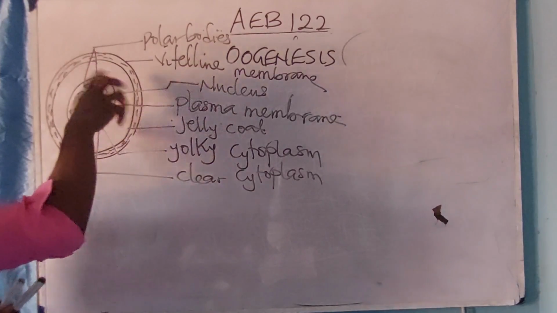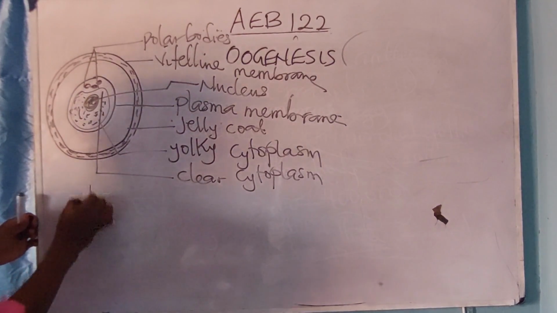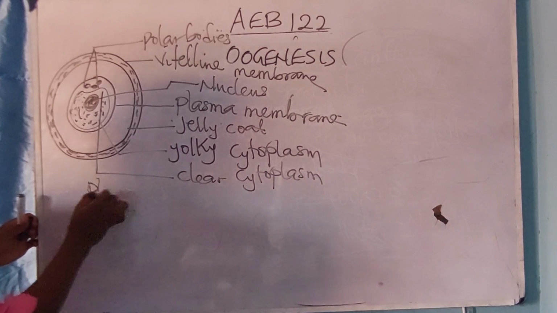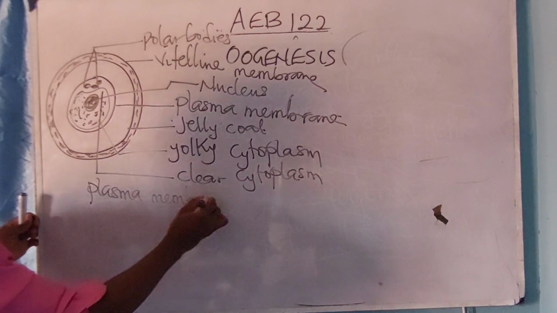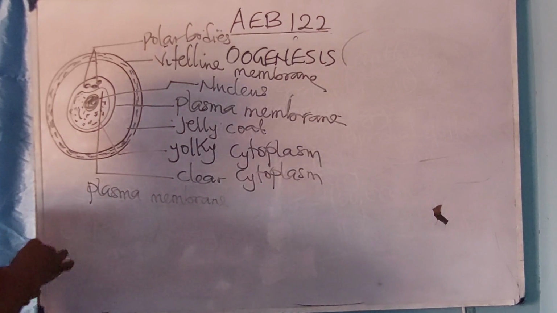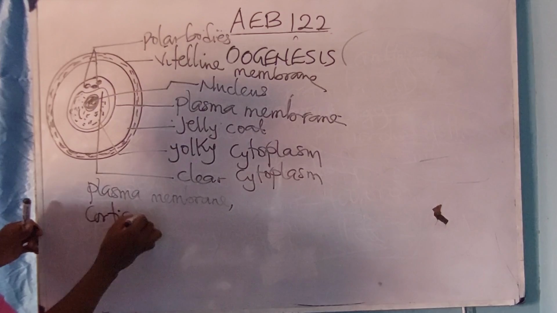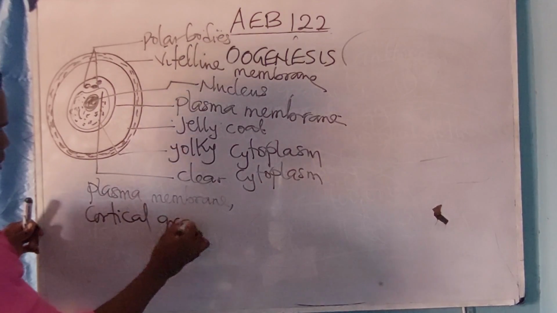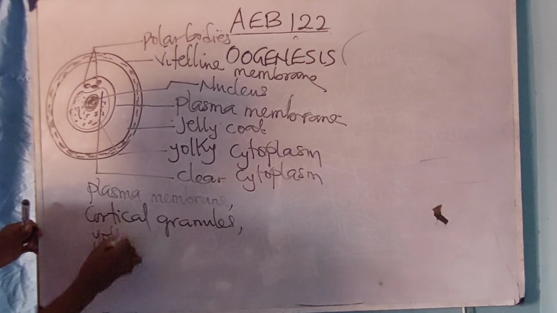Now let me explain this. A typical egg that is ovum is made up of plasma membrane, cortical granules, and yolk droplets.